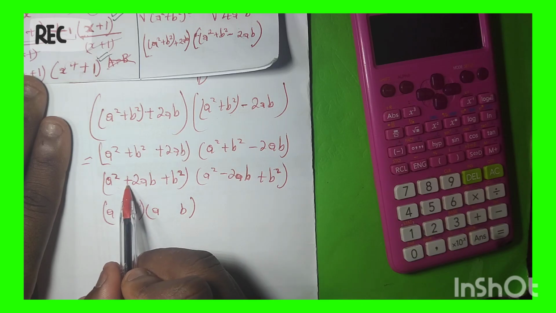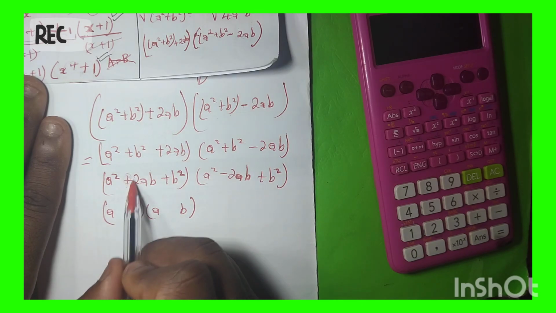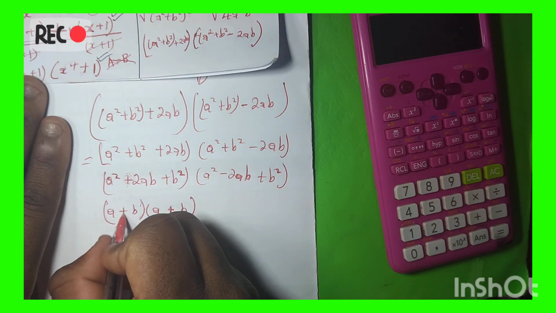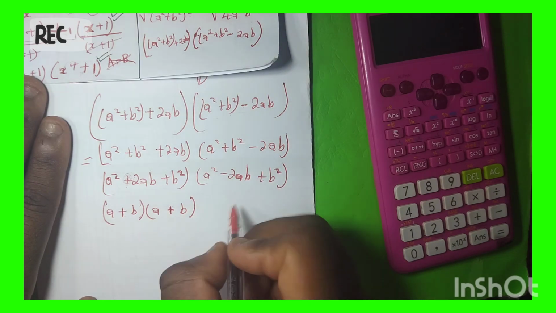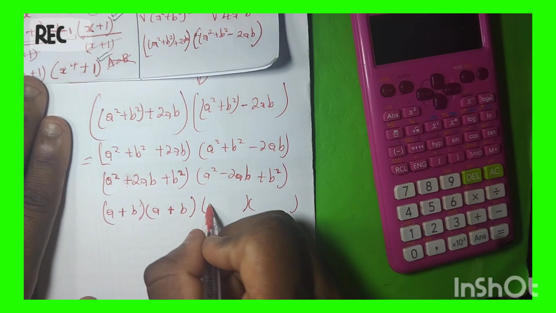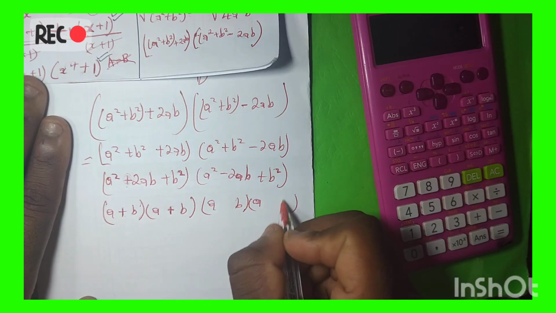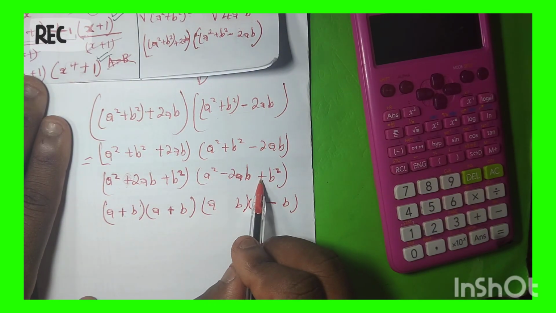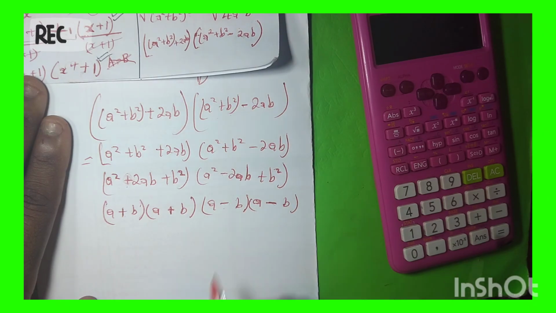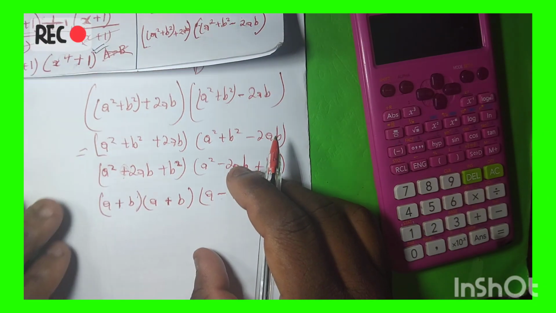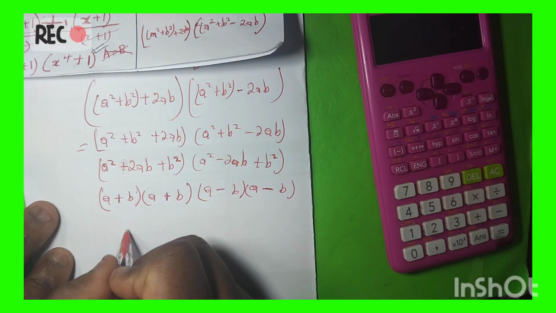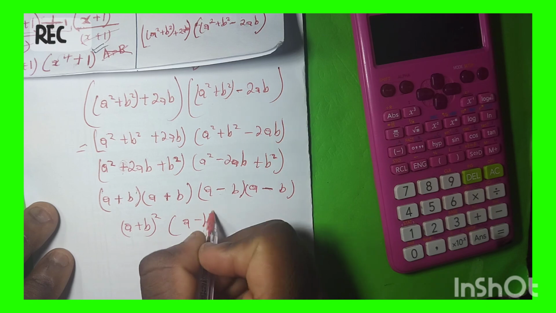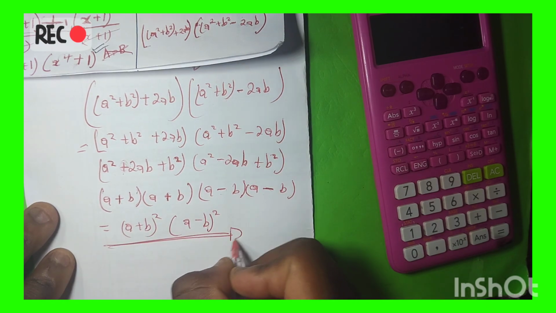So here what you will do, you can take that sign, put it here by the way, and when you see positive, these two will have the same sign, just like this. Then even as well as this one, open, close, open, this is A, which is B and B. Then when you see negative, you'll put negative there. When you see positive here, they should have the same sign like this. Meaning now as your final answer, you can leave your final answer like this. This you can write in this form if you want to. That one you can write in this form. So meaning this one is your final answer.